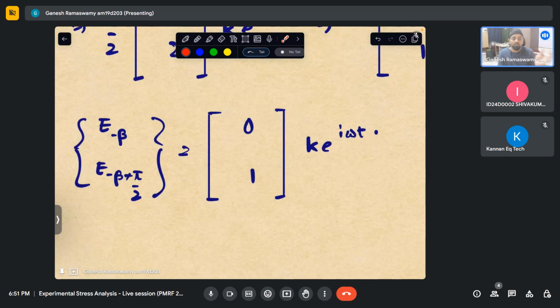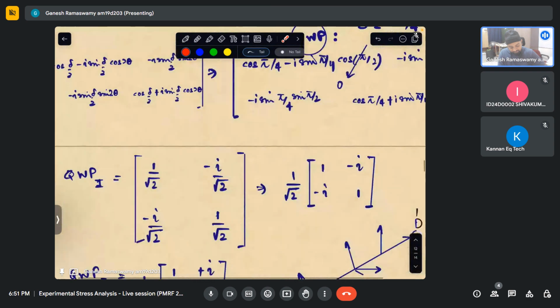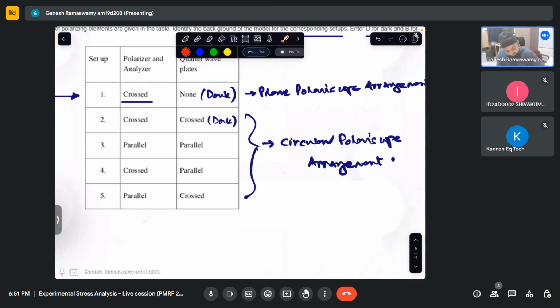Now if I make the analyzer parallel to the polarizer, essentially I'm looking at this element, and here I see the entire light gets passed just like that. So what can I conclude from this? From this analysis, I can conclude that this was crossed.